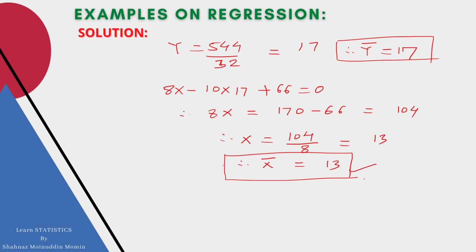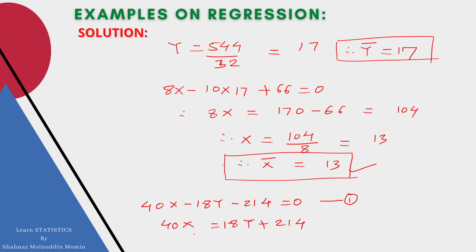Let us consider equation number 1: 40x minus 18y minus 214 equal to 0. This equation can be written as 40x equal to 18y plus 214.